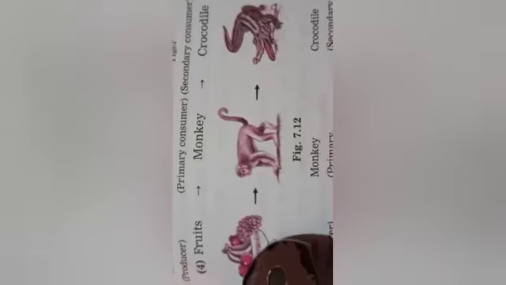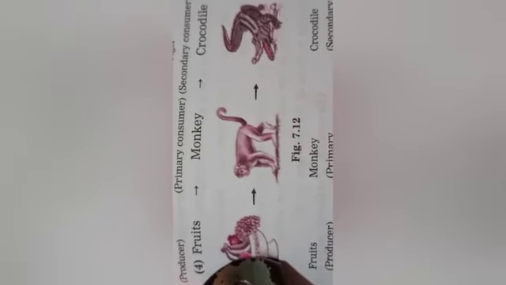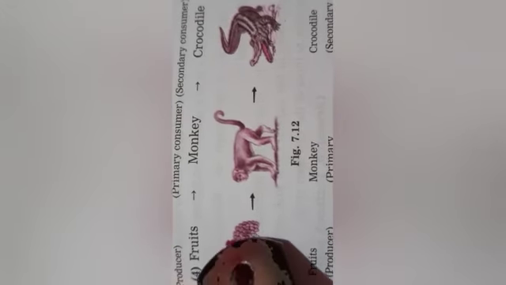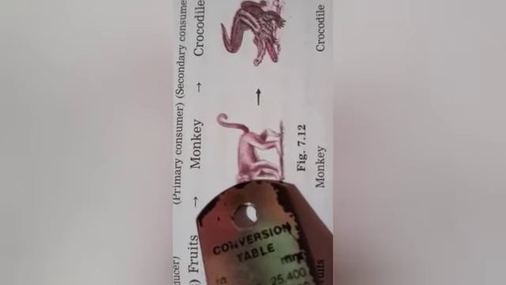Third food chain: grass, goat, tiger. Grass is a producer, goat is a primary consumer, and tiger is a secondary consumer. Fourth food chain: fruit is a producer. Monkey is a primary consumer and crocodile is a secondary consumer.